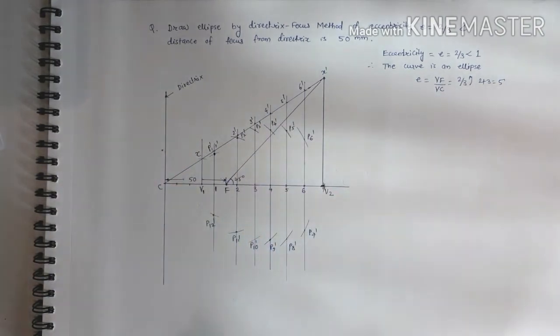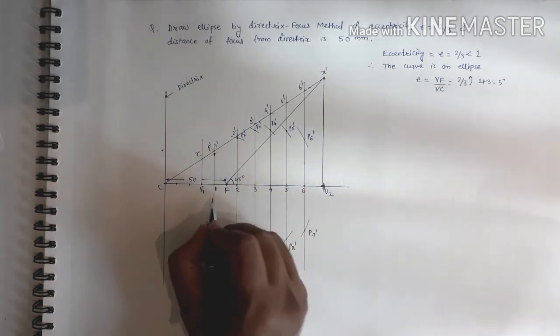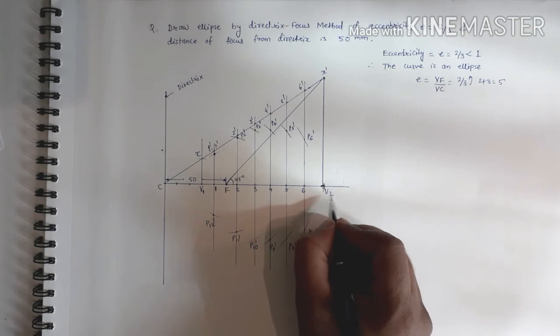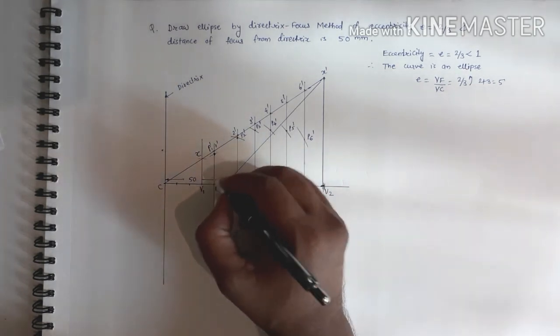Now this is the major axis. So draw the ellipse passing through V1 and V2 and these points P1, P2, P3 respectively.